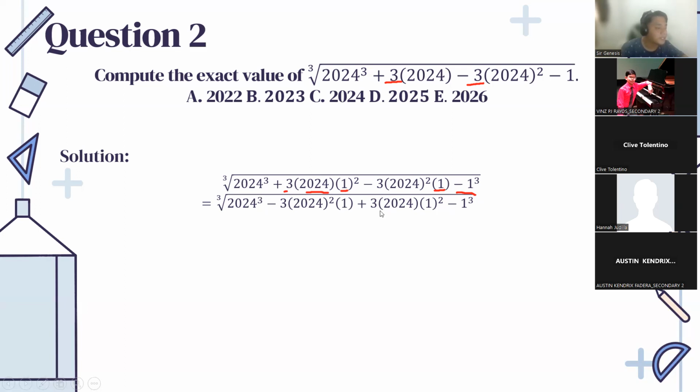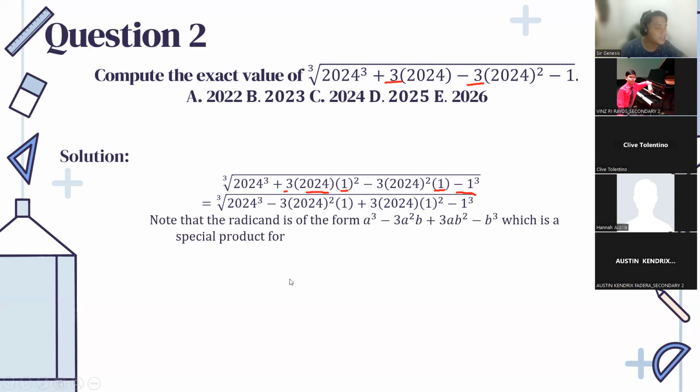Now, this special product is actually of the form a cube minus 3a squared b plus 3ab squared minus b cube, which is the special product for the cube of the difference of a minus b.